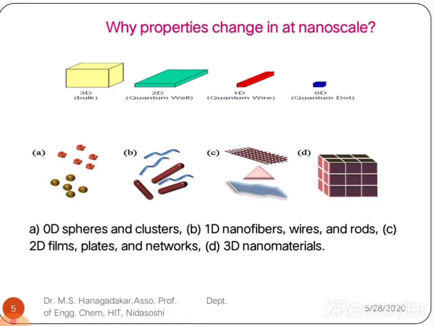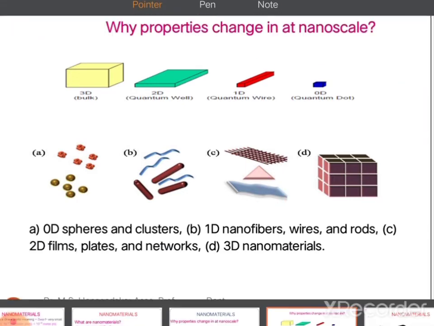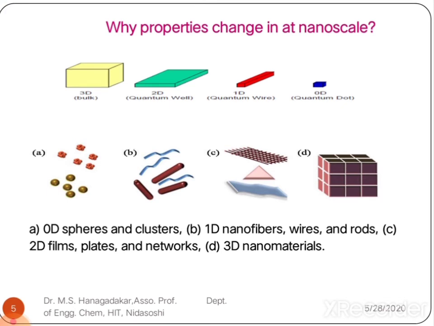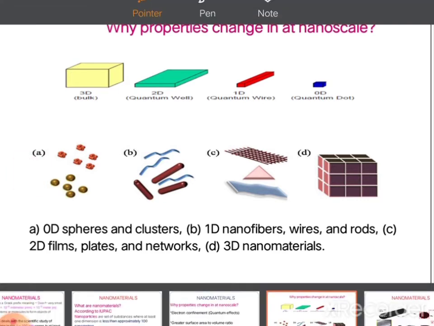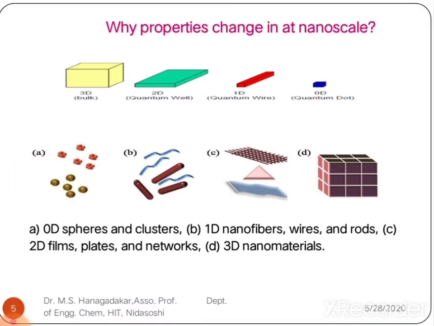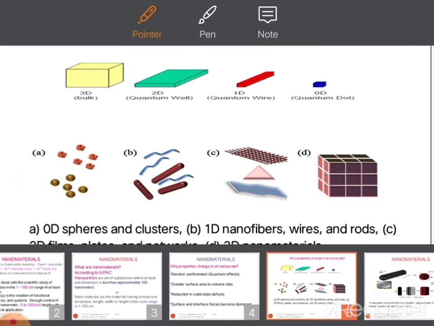Maybe 3-dimensional objects at the nanoscale, or maybe 2-dimensional objects like films, plates or a network, or 1-dimensional fibers, wires or rods, or 0-dimensional spheres or clusters you can have.